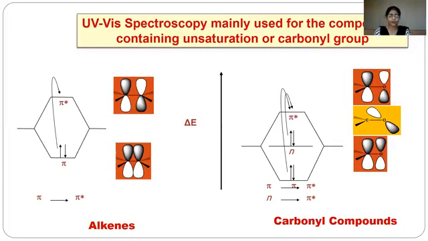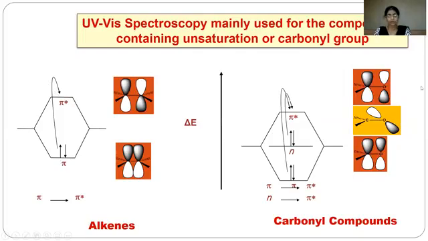Ultraviolet visible spectroscopy is mainly used for compounds containing unsaturation or carbonyl compounds. Unsaturation means the pi to pi antibonding transition: this is the HOMO of any alkene, and this is the LUMO of the alkene. It is the excitation of an electron from HOMO to LUMO, or from pi to pi antibonding.